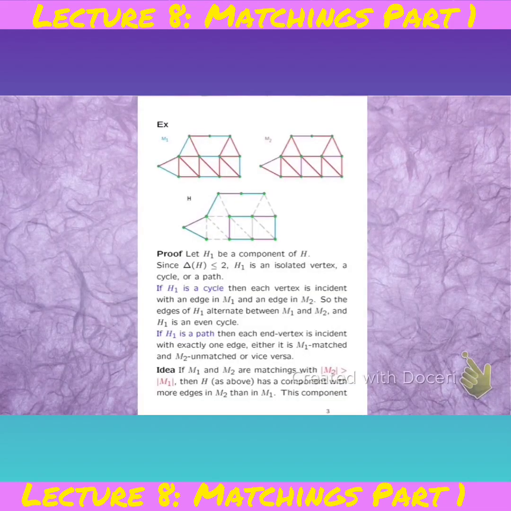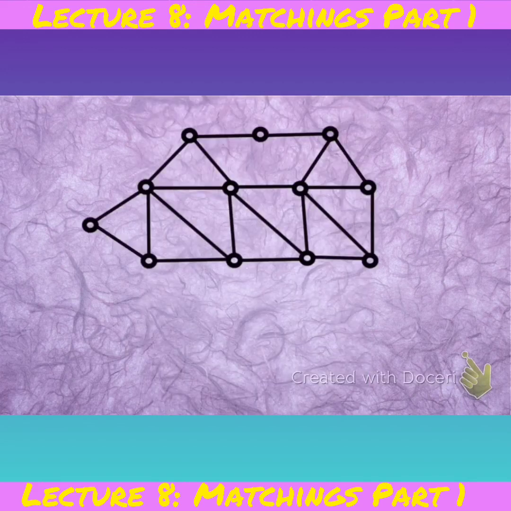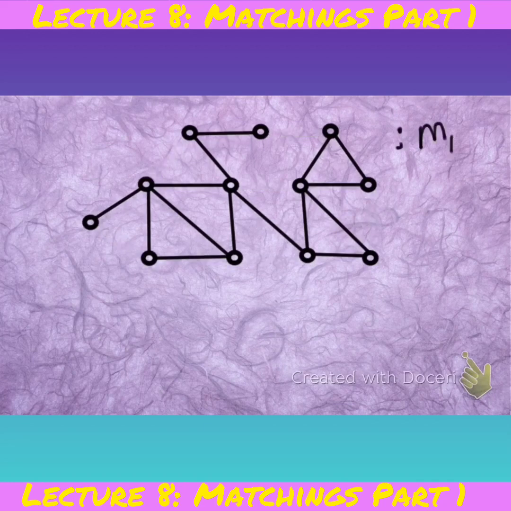Before we look at the proof, here is another example of how this theorem works. If you look at that sketch there, there's your graph, and we're going to take two matchings, a blue and a red matching. M1 is going to be the blue matching, so this matching here, there, and there.